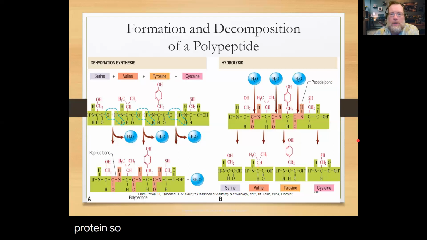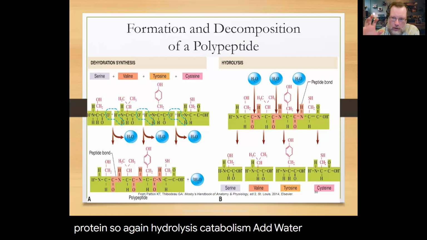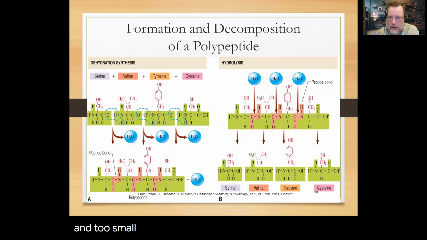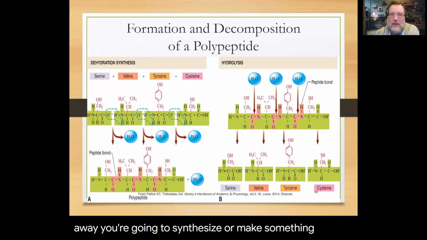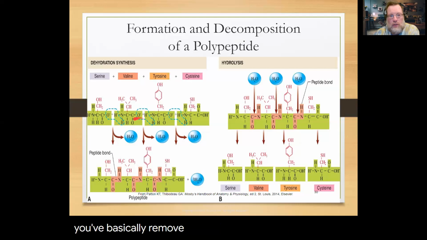So again, hydrolysis, catabolism, add water, break big into small. Take smalls and dehydrate, pull water away, and you're going to synthesize or make something big. You've basically removed hydrogens and oxygen to form an opening for bonding to take place.